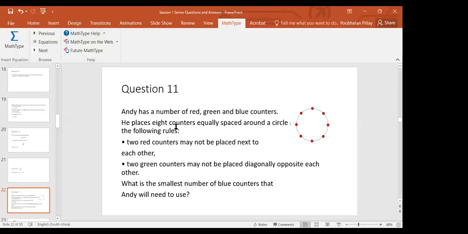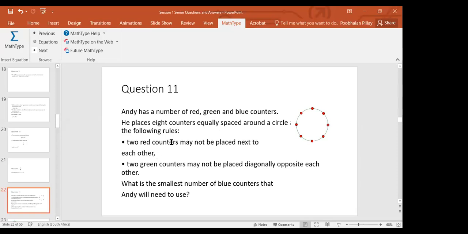There are 8 spots on the boundary, and let's go back to the question now. I need to just navigate between this and the question. The first rule is that 2 red counters may not be placed next to each other. All right, let's observe that.